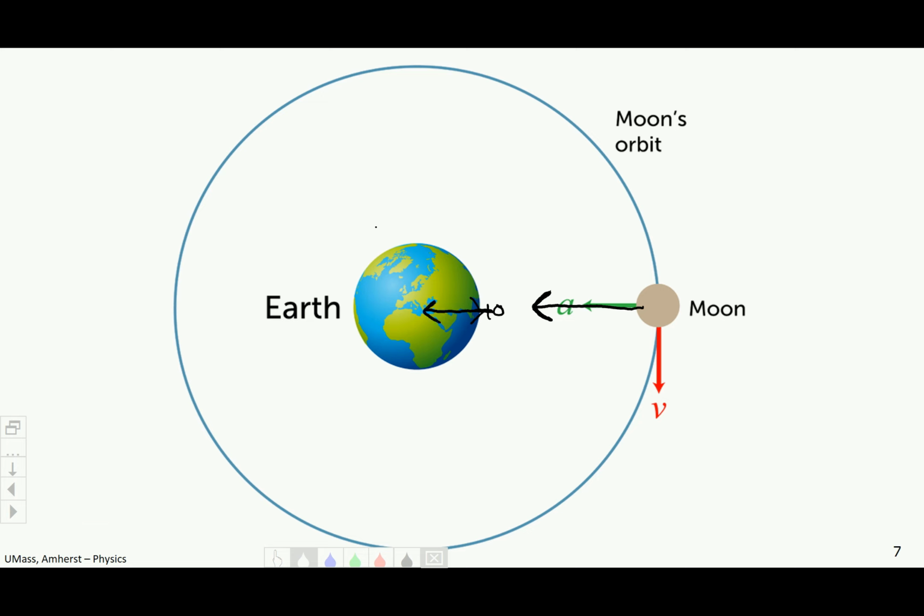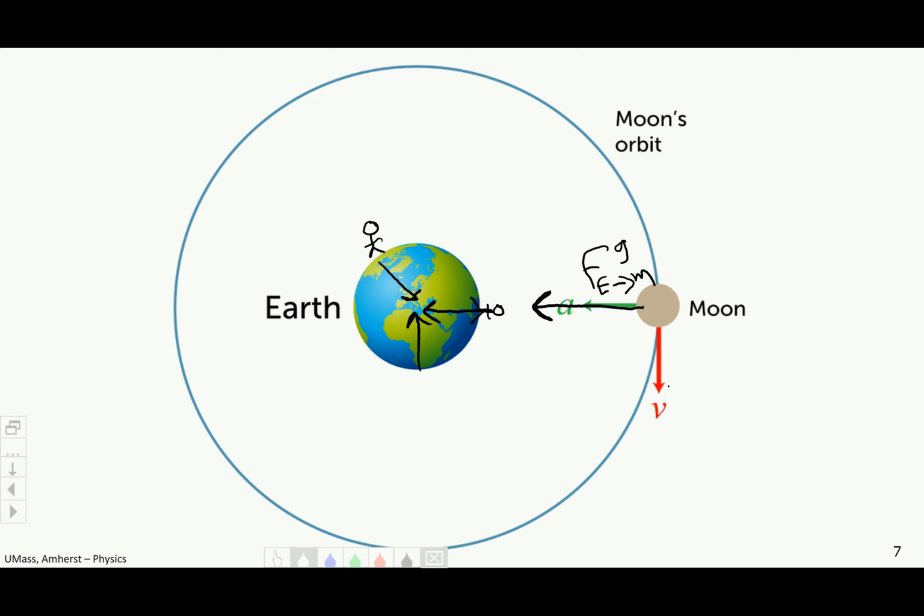And if you put another person over here, that arrow also goes straight down. So all of these vectors point straight towards the center of the Earth, and this is true for the moon. The force of gravity from the Earth on the moon does point straight towards the center of the Earth. Why does it not fall?